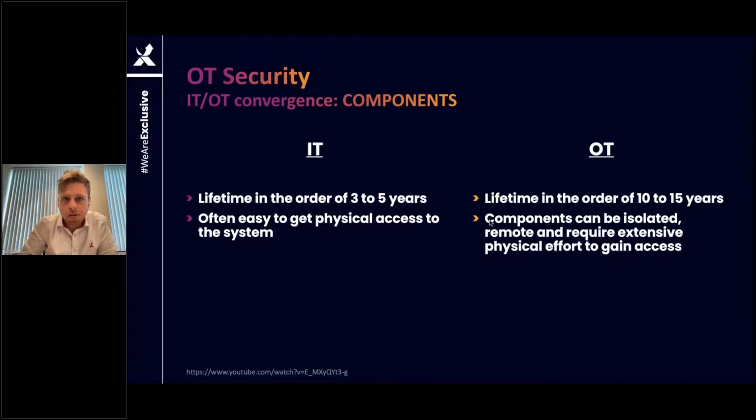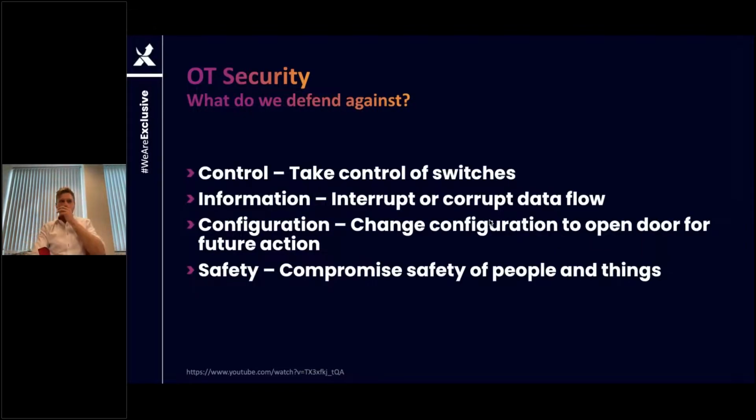But these are the main issues that we see when securing IT or OT networks. So old systems, but very reliable. Reliability is key. It's not easy to install an agent on them. You need to have maintenance windows. So there are a lot of things that you need to take into consideration.